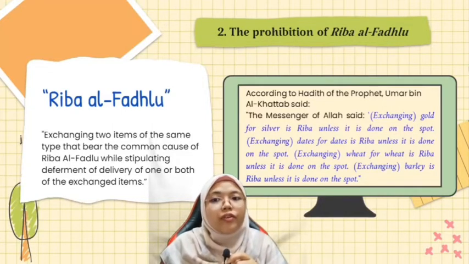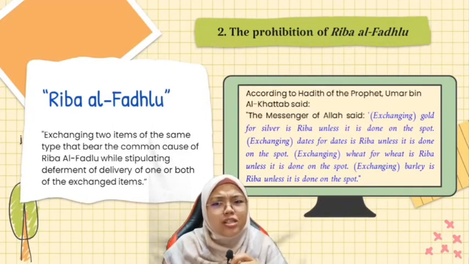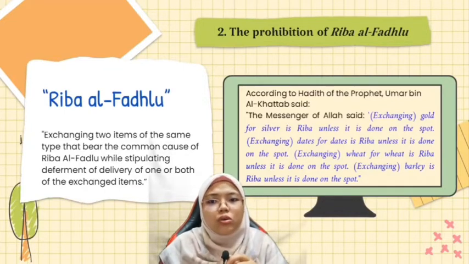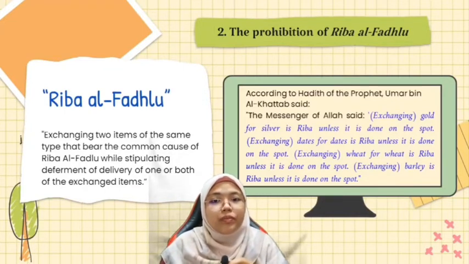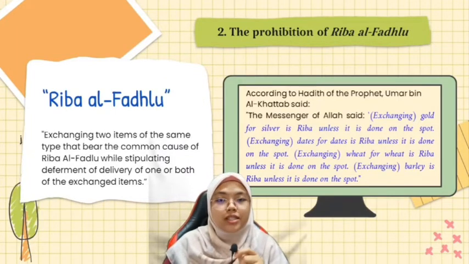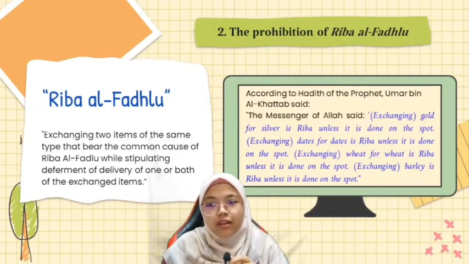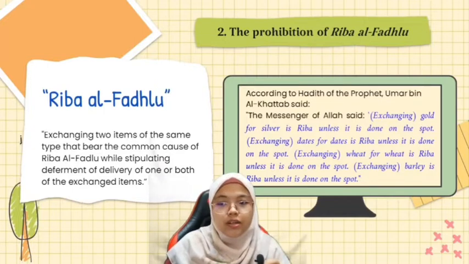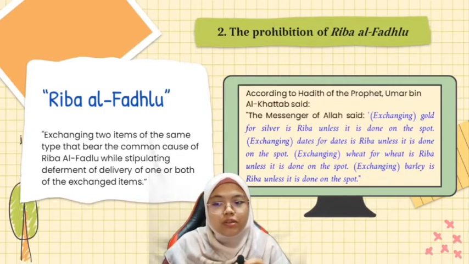This type of riba involves an increase in one of the two commodities being traded. According to the hadith, Umar bin Al-Khattab said the Messenger of Allah said, exchanging gold for silver is riba unless it is done on the spot.